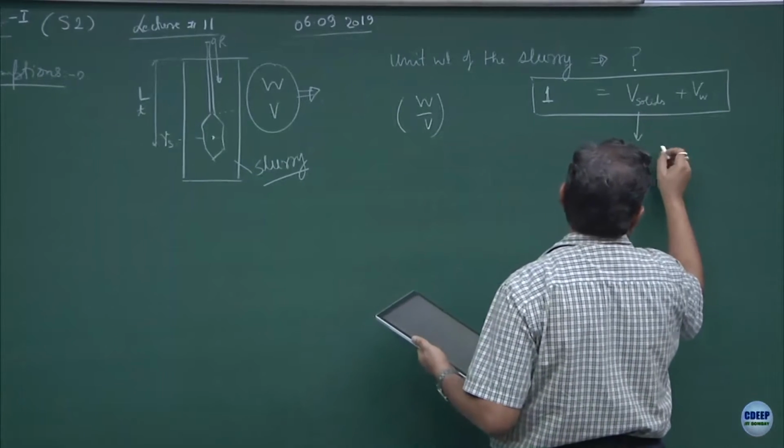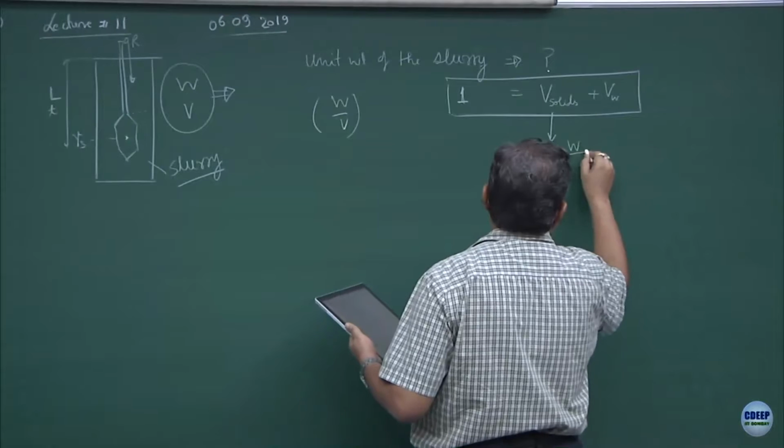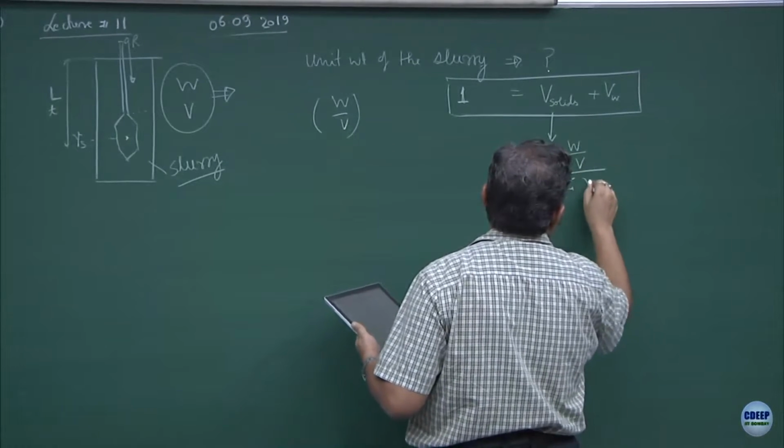I think you can compute this would be W upon V over G into gamma W.